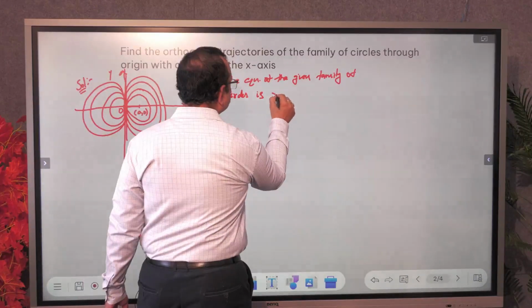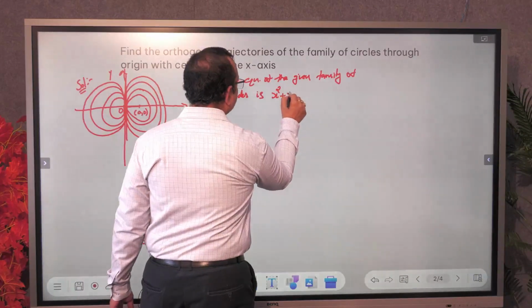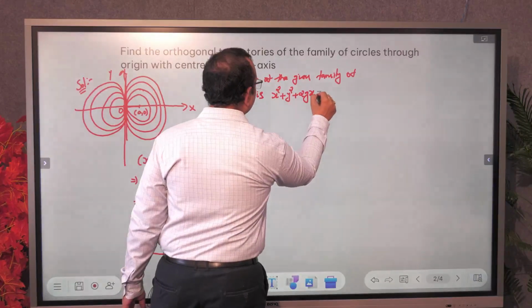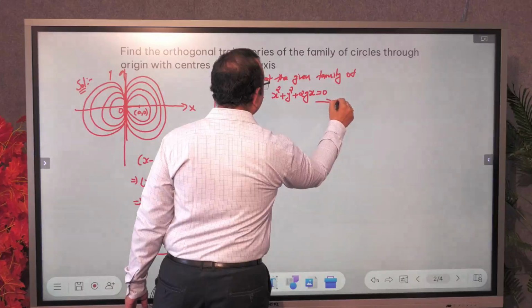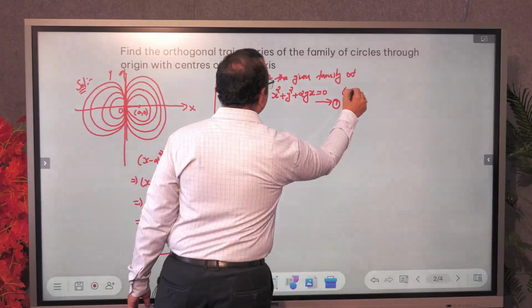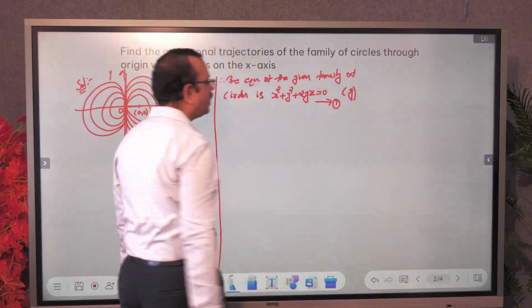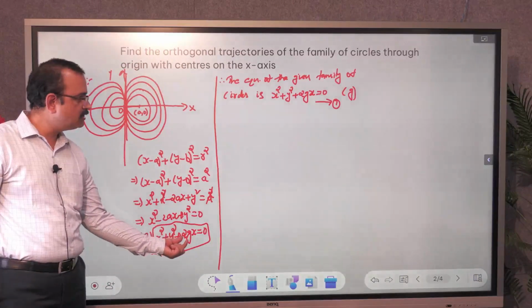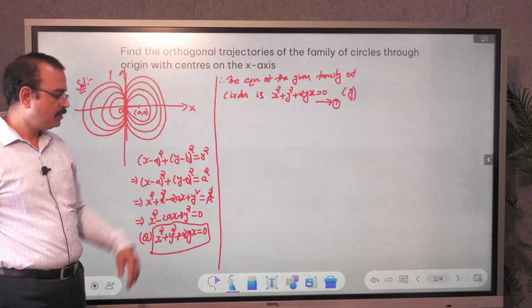We just take it as equation 1, and here we know that g is nothing but the arbitrary constant. In the sense, a here, otherwise g here, because in general we wrote it that way.